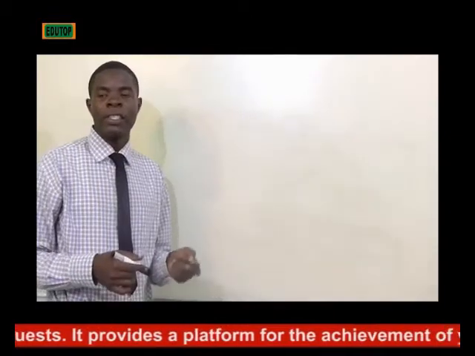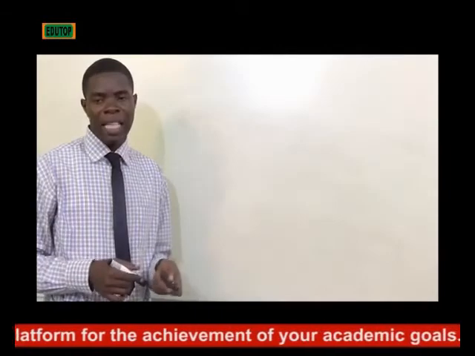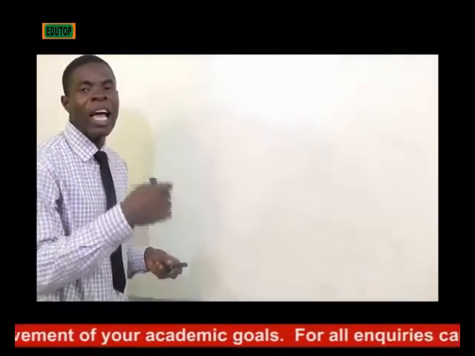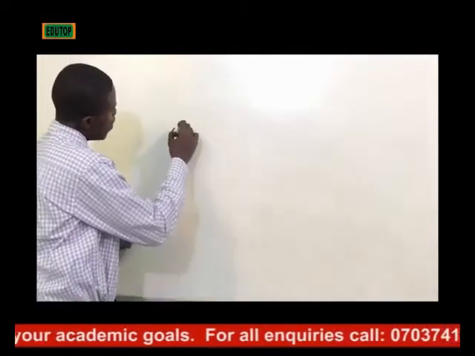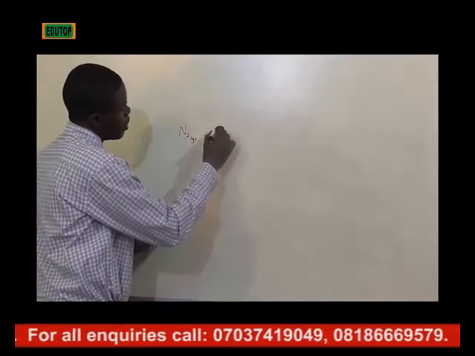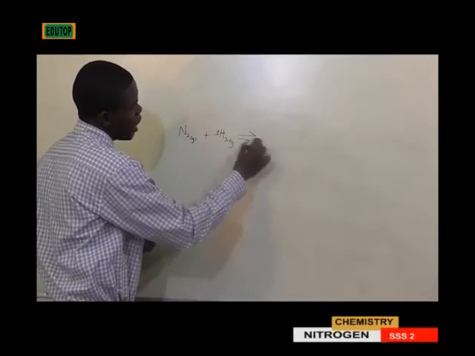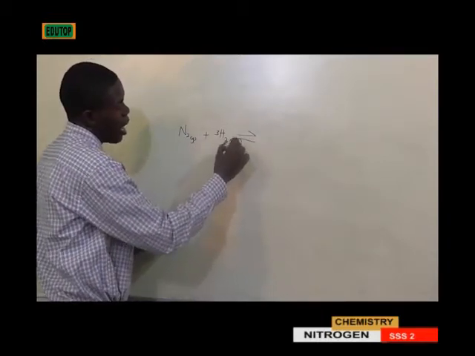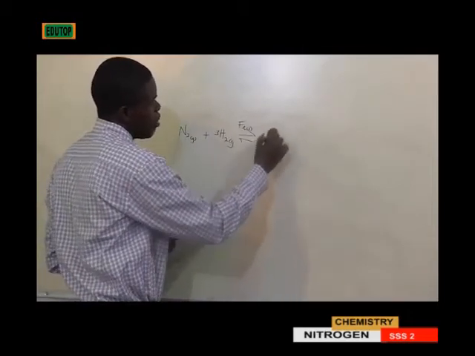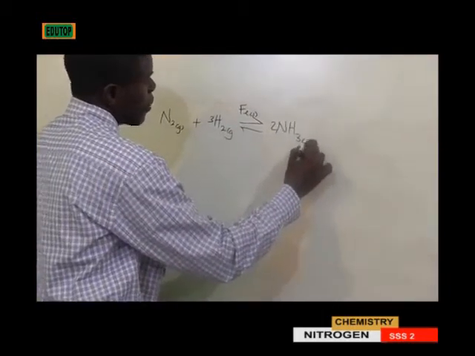The best answer that suits this question is in the presence of catalyst, because that is what is known as the Haber process, where you have your nitrogen gas plus 3 moles of hydrogen gas in a reversible reaction, and the catalyst here is iron filings, to give ammonia gas.